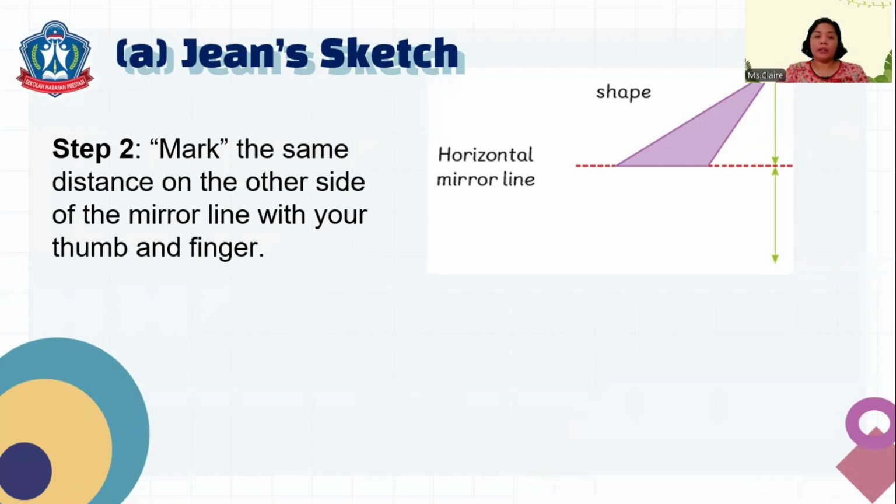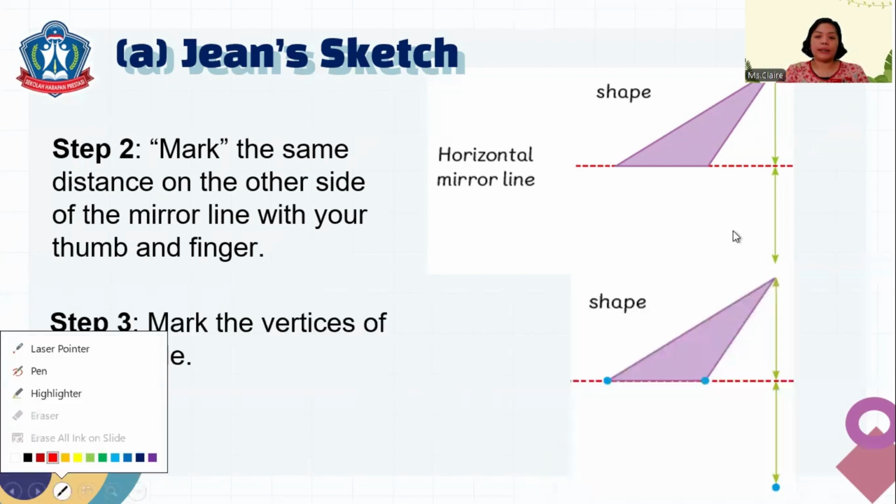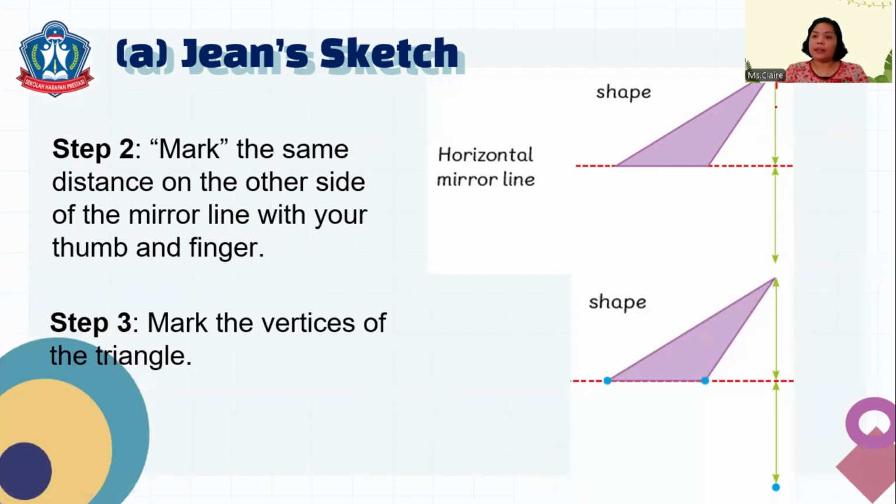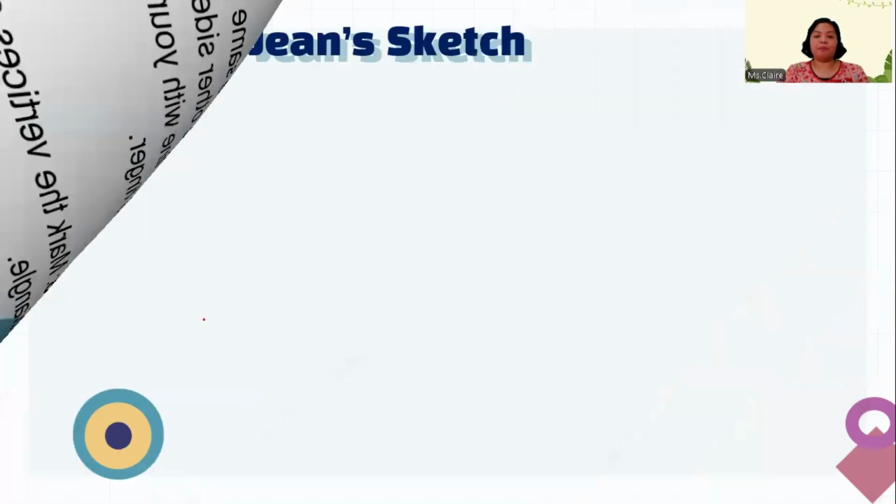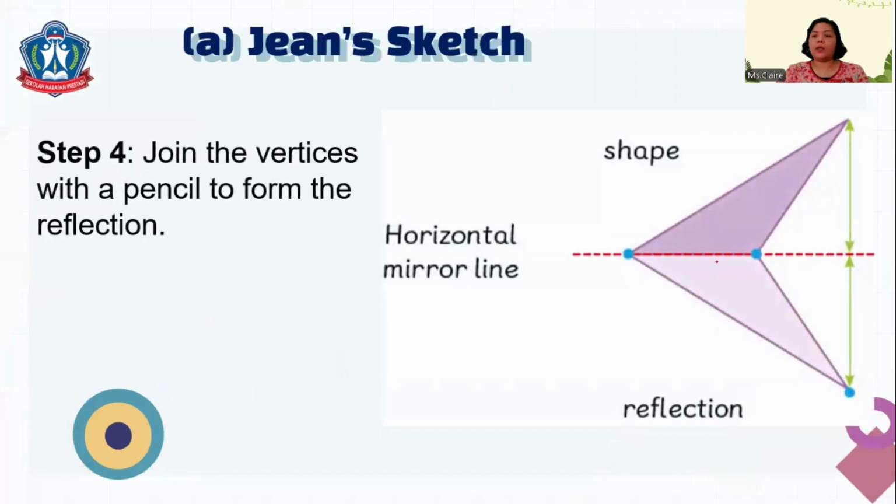Take a look here. Jane is doing the sketching, right? So she estimates this line and this line, the same distance. Next, you mark the same distance on the other side, of course. And you mark the vertex or the vertices, okay? Next, you join the vertices.